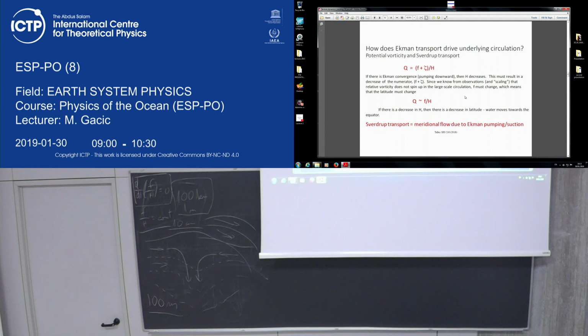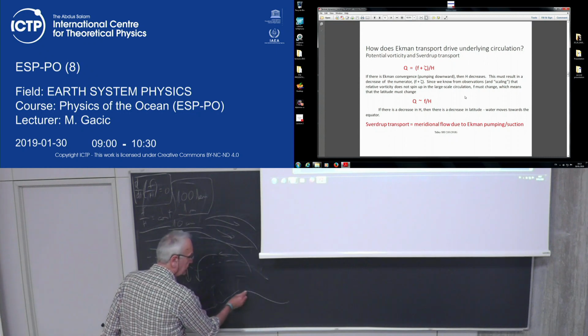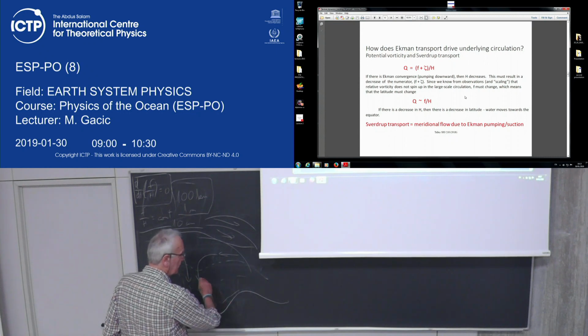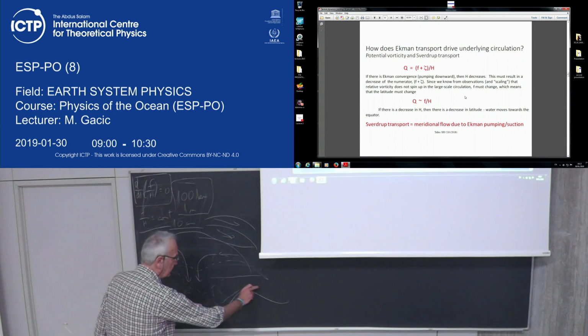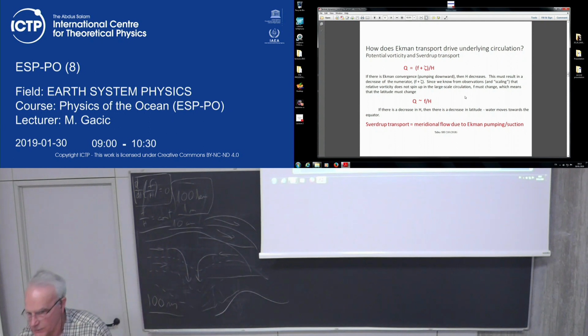So this is what we have seen before, that if we have a bump at the bottom, when the water column comes to the bottom, and which is shallower, then it has to turn southward in order to maintain this f over h constant.